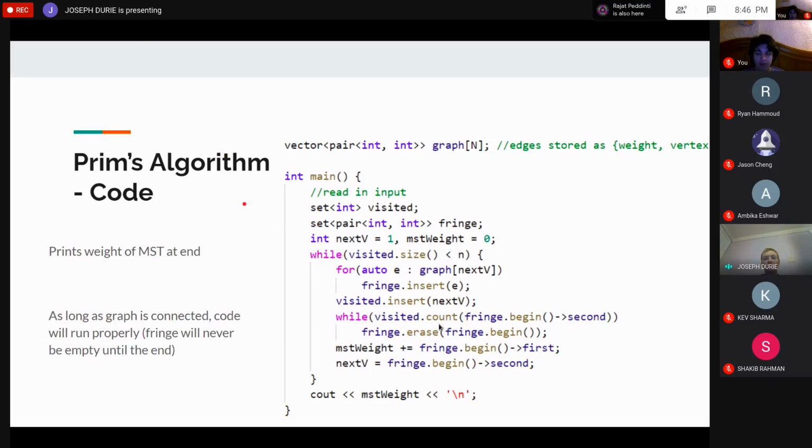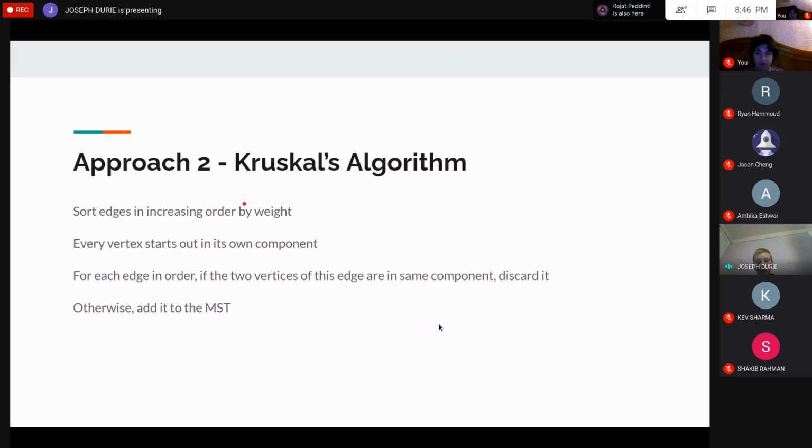So now we're going to get into the other algorithm, which is Kruskal's algorithm. This is also a greedy approach. What we do here is sort the edges in increasing order by weight. Then think of every vertex starting out in its own component. Now we iterate through all of the edges in order. If the two vertices of this edge are in the same component, then we throw it out, because if we added this edge, that would create a cycle.